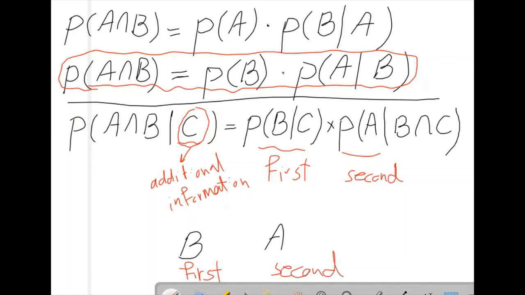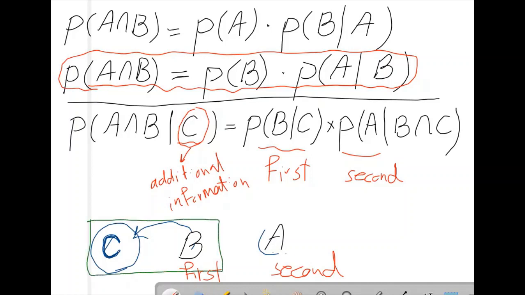So B is the first one, A is the second one, but we know that there is a C here from the past. So the probability of B given that C has occurred previously, and then the probability of A given that both B and C have occurred previously.